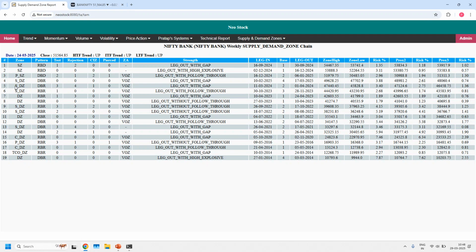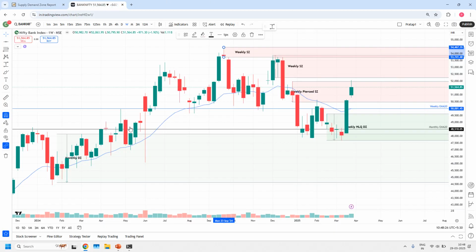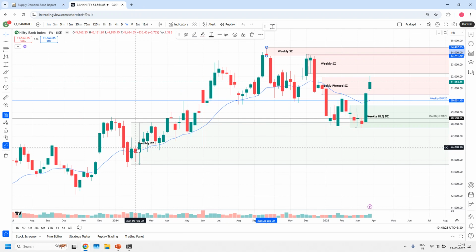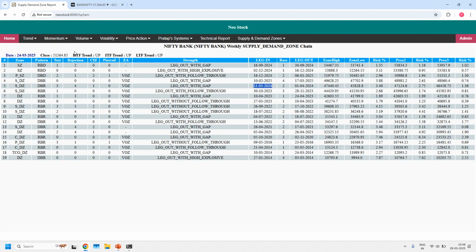So the one below is also a high liquidity zone, the weekly zone. When it was created, on 11th March 2024. Where is 11th March? This is the one, 11th March 2024, 2 base candles are here and a rally candle, right?